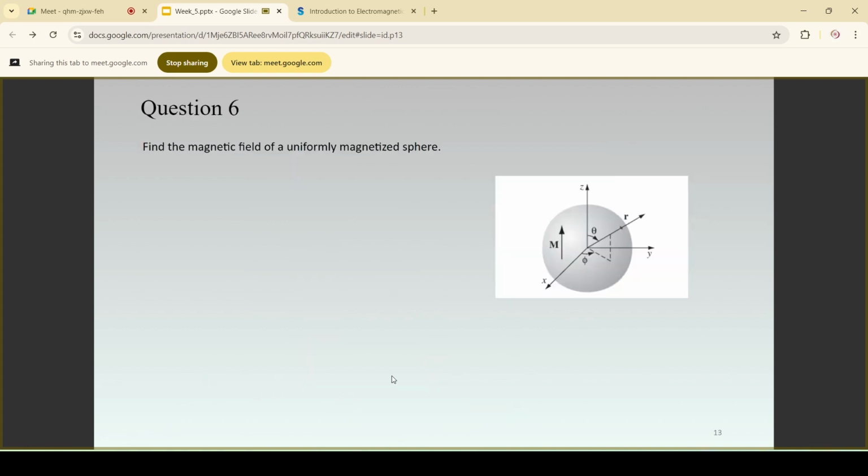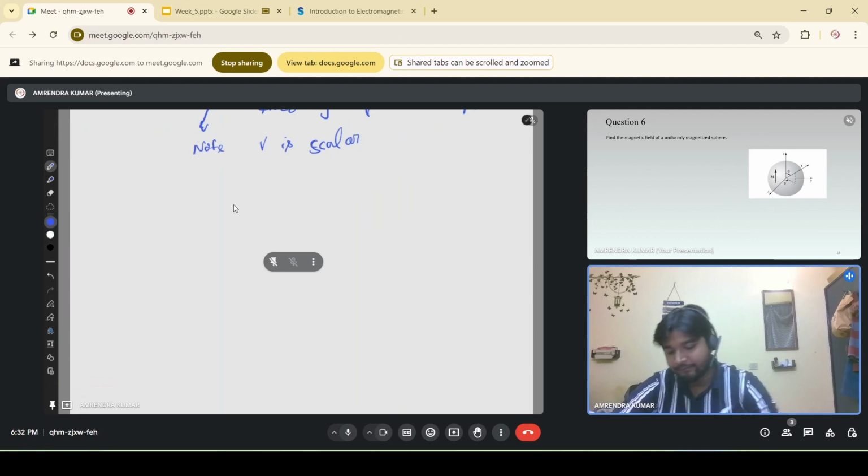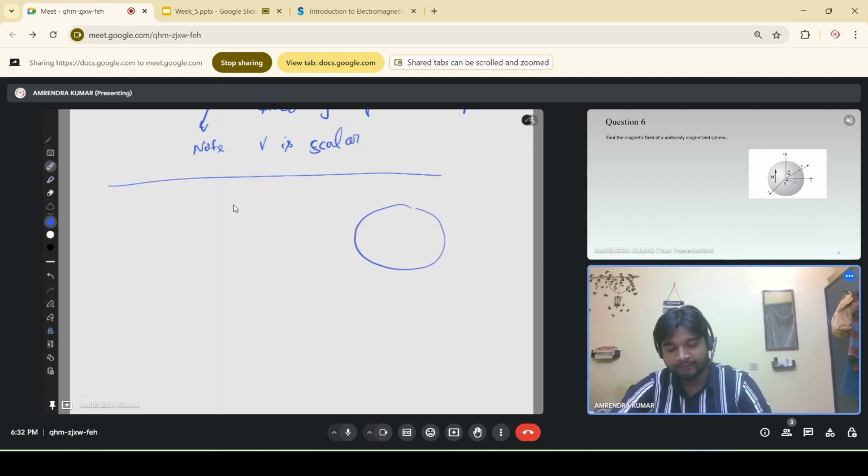Now find the magnetic field. The next question is to find the magnetic field of a uniformly magnetized sphere. So what we have is a sphere that has been uniformly magnetized.